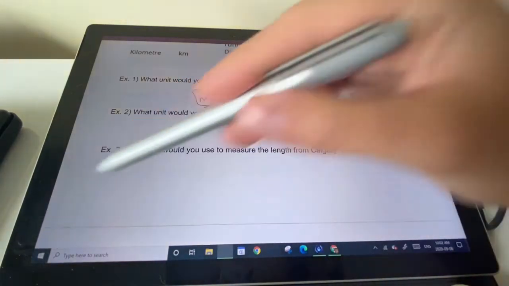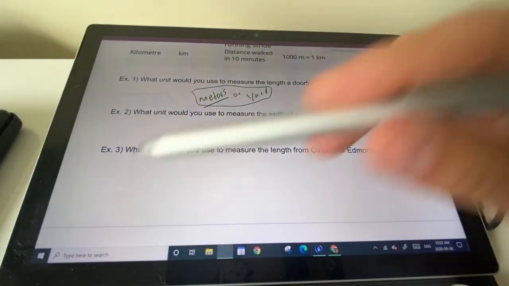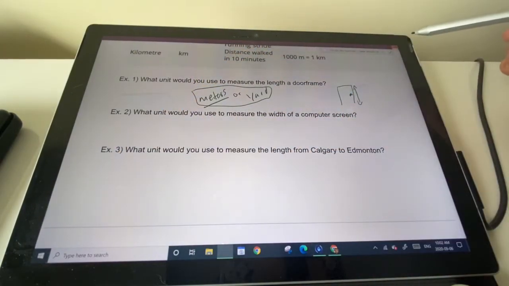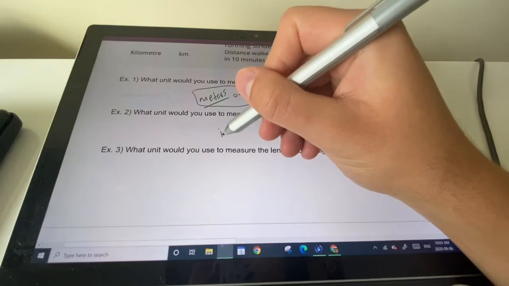Even if this was a foot long, you wouldn't want to use feet, because to jump up to a slightly bigger computer, you'd have to say the next one's like 1.12 feet, which is kind of ugly to listen to. So you say this is 12 inches, and the next computer might be 13.5 inches, and then you get to a 15-inch screen. So I'm going to say inches for this one.